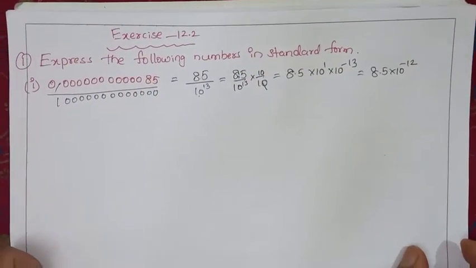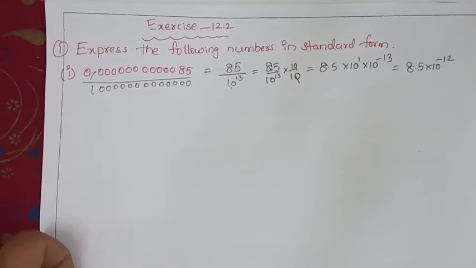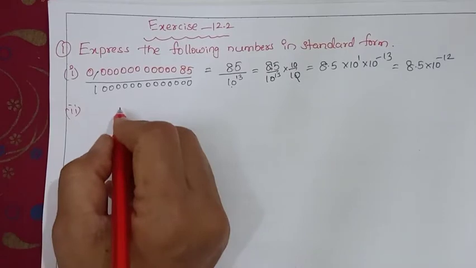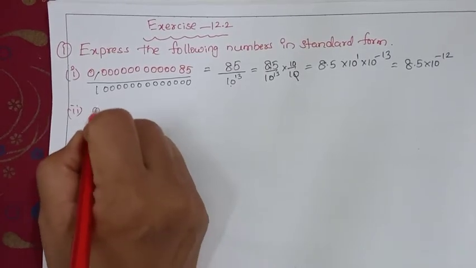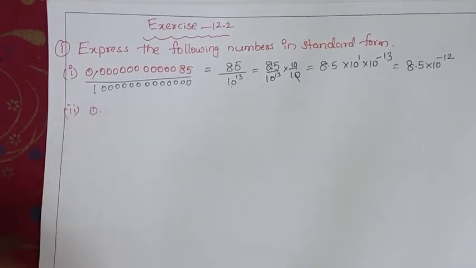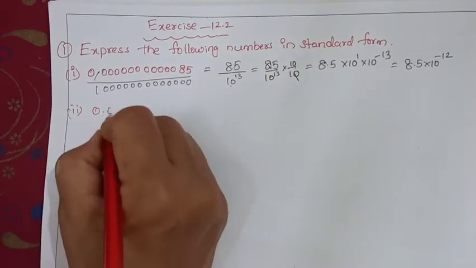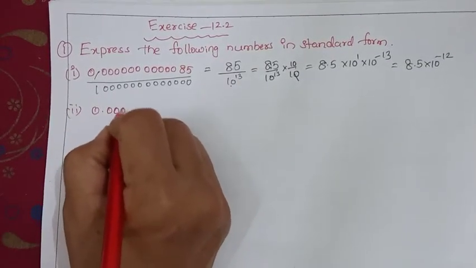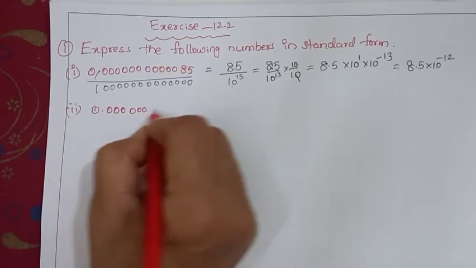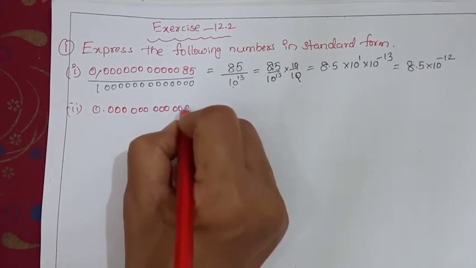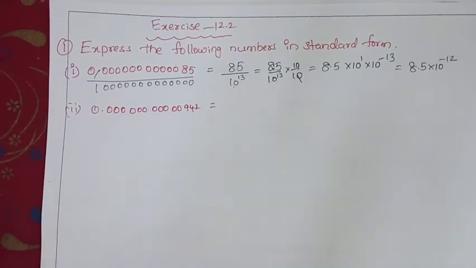Right. Next question again. 0.00000000000942, 11 zeros, 942.